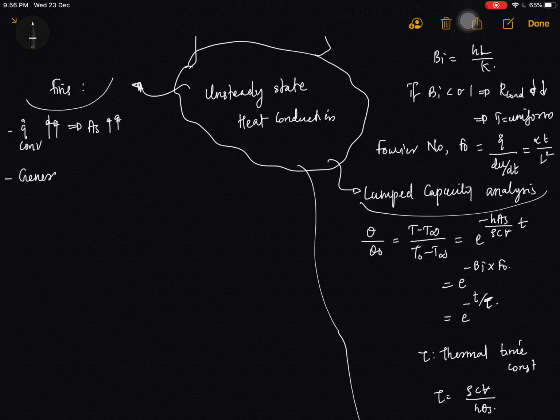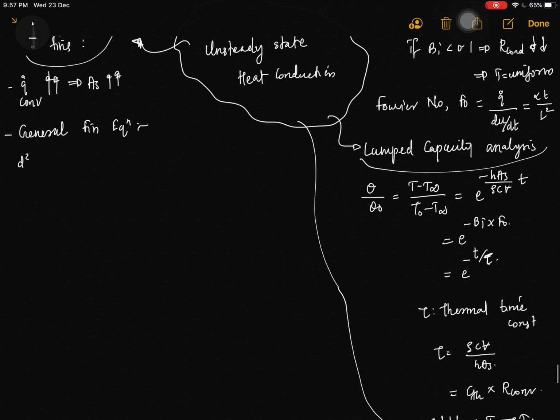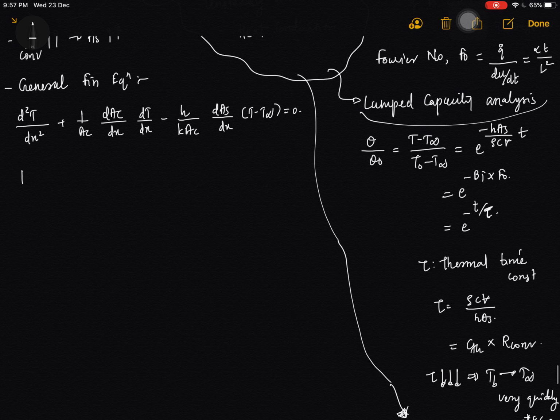And the general fin equation is given by d square T by dx square plus 1 by Ac dAc by dx into dT by dx minus h by kAc into dAs by dx into T minus T infinity equal to 0.